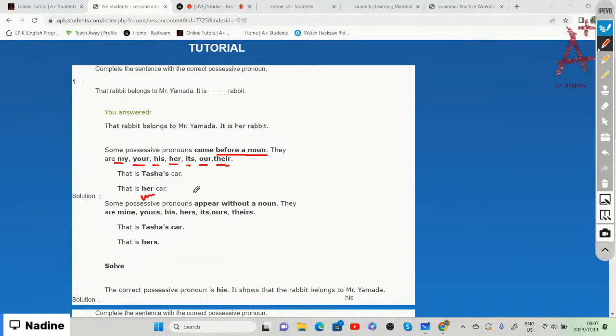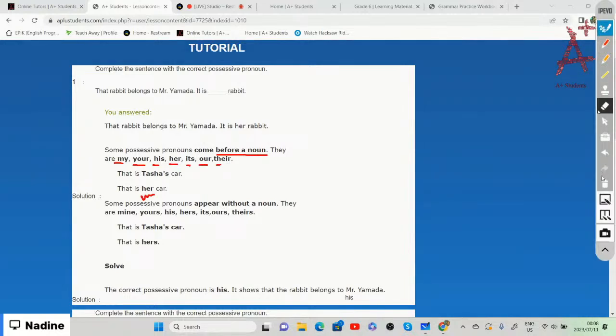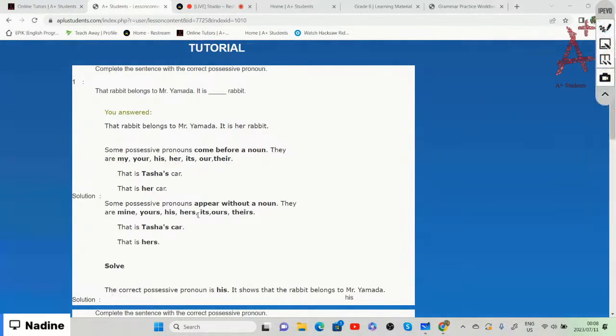And her tells us about Tasha. So instead of saying Tasha, we can say her. And remember that a pronoun is in place of the noun, right? So instead of Tasha's, we can say that is her car. So we're not going to say it's Tasha's car, we're going to say it's her car.